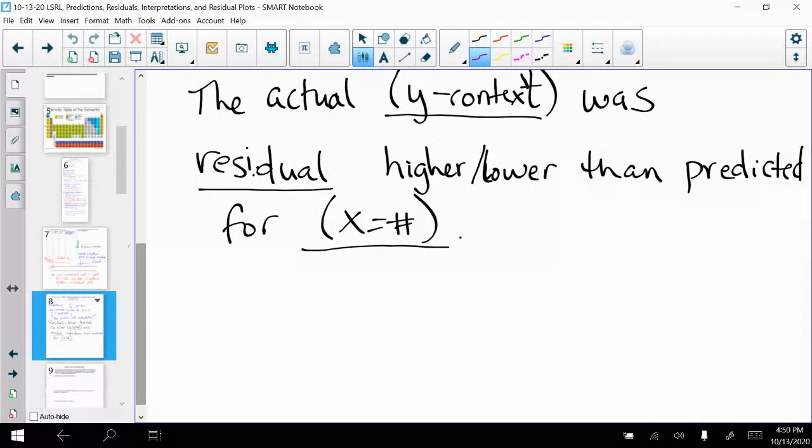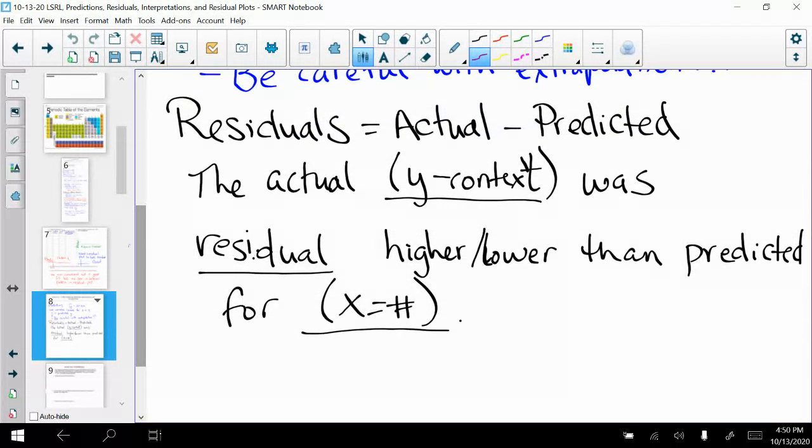The next thing we were talking about, oh yeah, this is our sentence stem, is for interpreting a residual.